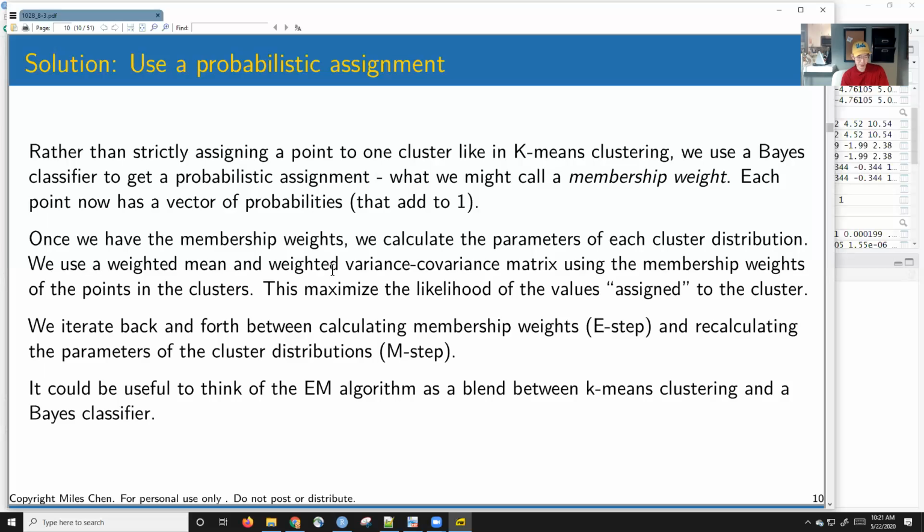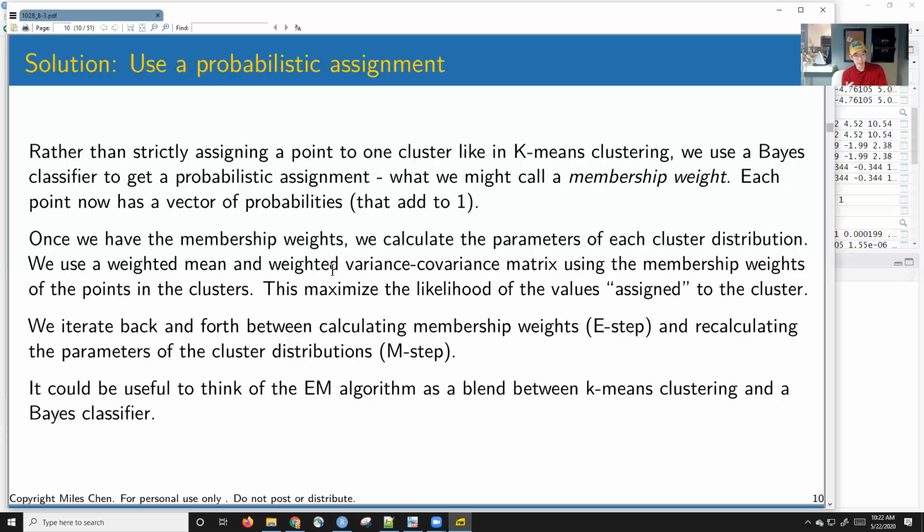Again, rather than saying this point definitely belongs to this cluster, we do a probabilistic assignment. There are a lot of similarities with k-means clustering. In k-means clustering, you assign the points, and then once you assign the points, you recalculate the centroids.